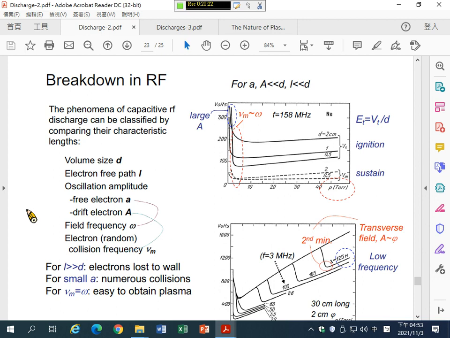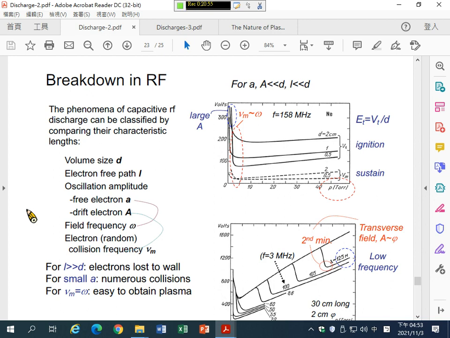The frequency of this change is the collisional frequency, the electron random collision frequency with gas atoms. This frequency is nu m. The electron collisional frequency will influence the oscillation amplitude of the drift electron. So here is the capital A, and here is a small a.